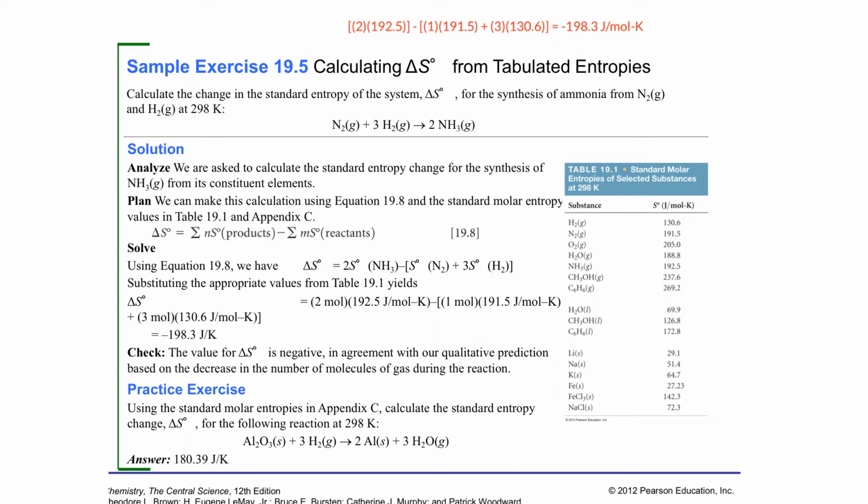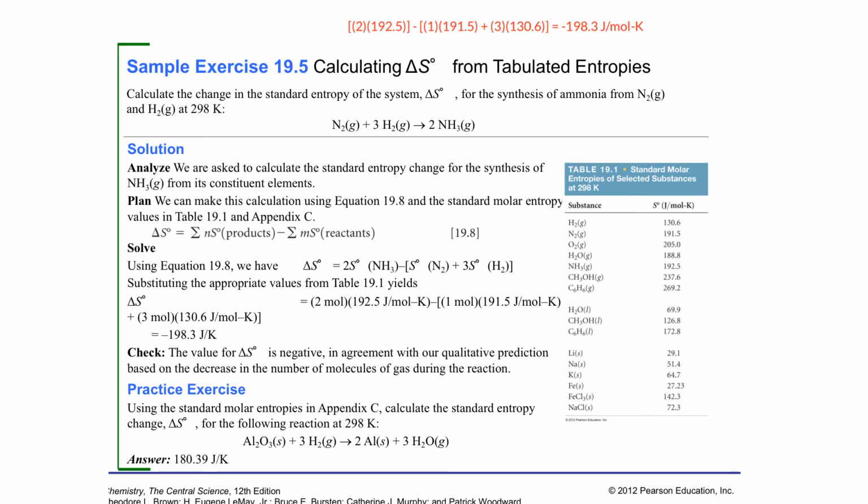The first reactant was nitrogen gas, but there's 1 mole of it, so it's 1 times 191.5. And then I'm going to add to that 3 times, that's 3 moles of hydrogen gas, times its molar entropy, 130.6.